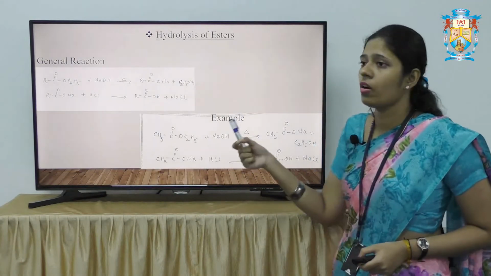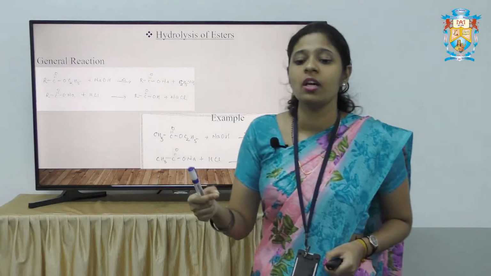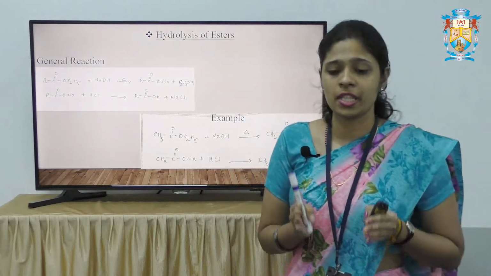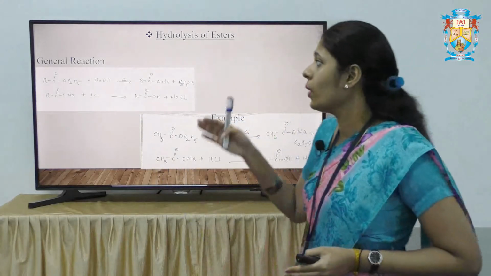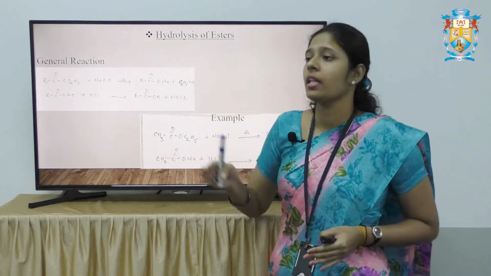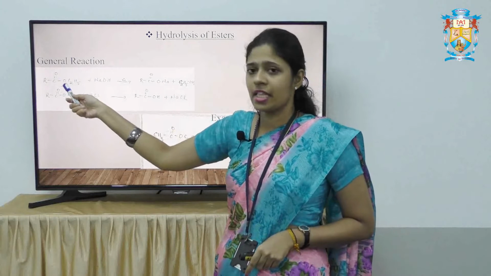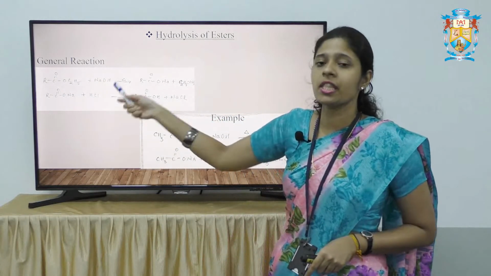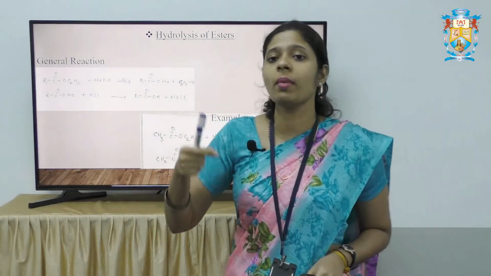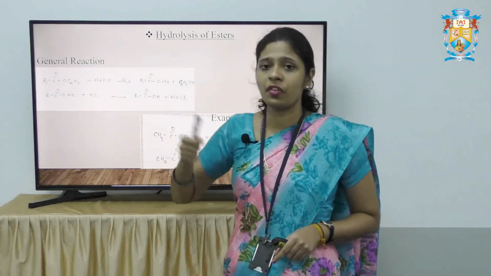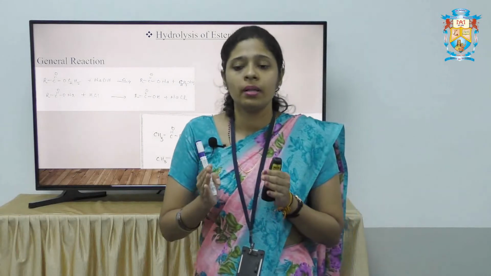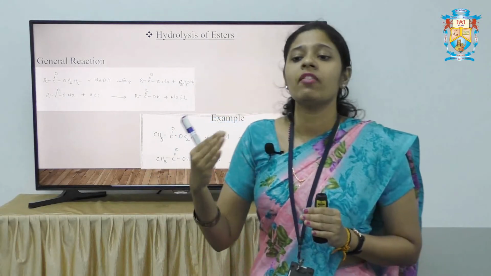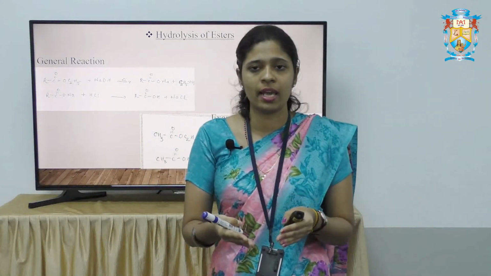Next, synthesis by hydrolysis of ester. Now students, what is hydrolysis? Hydrolysis is breaking by water molecule. Now in this reaction you can see an ester is used. This ester on basic hydrolysis, that is addition of sodium hydroxide in the presence of heat, so a base is used, that is sodium hydroxide, and in addition heating is required in this reaction.